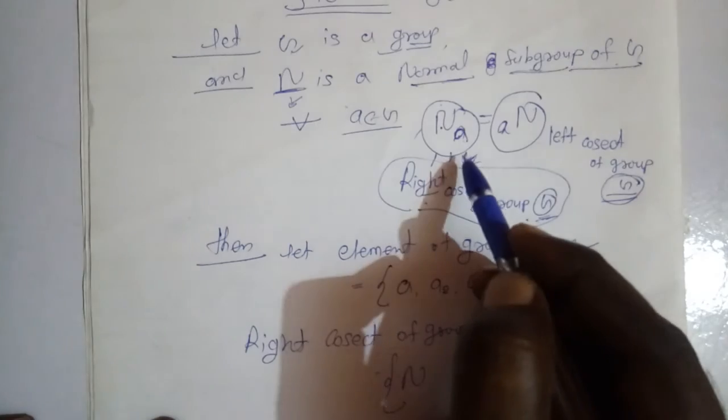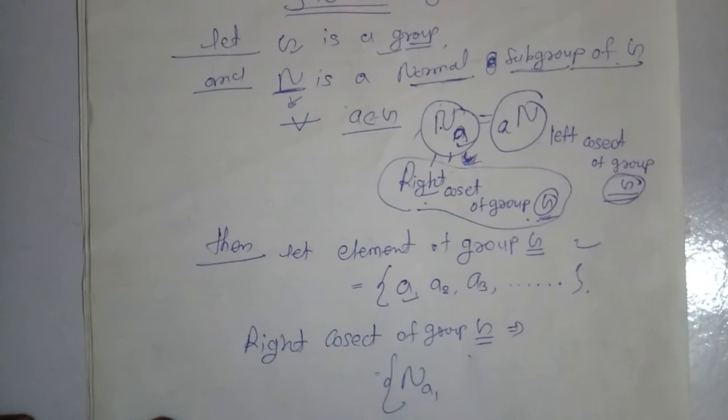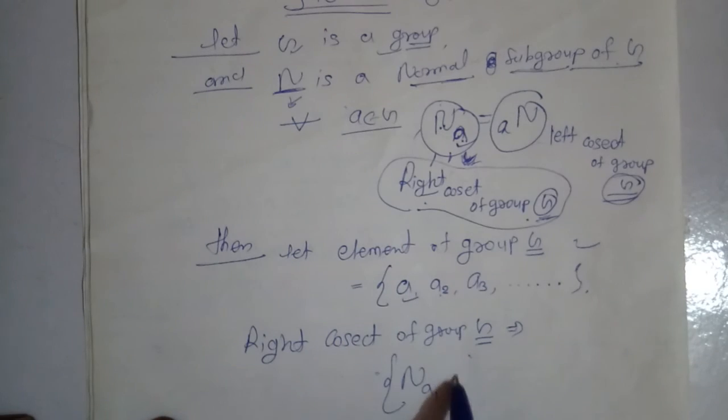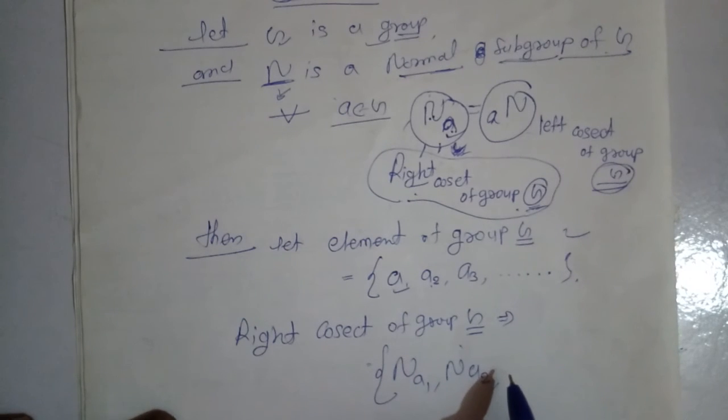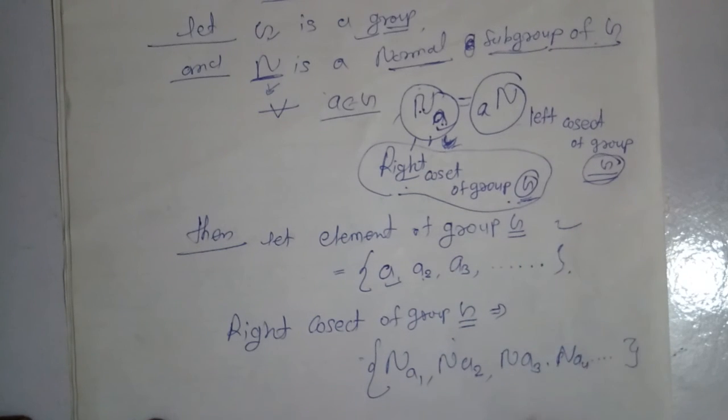So N, this is the A, and A1 is N A1, and N A2, and we can also create the series of right cosets of group G: N A3 and N A4, and so on. Okay, I hope you understand, students.